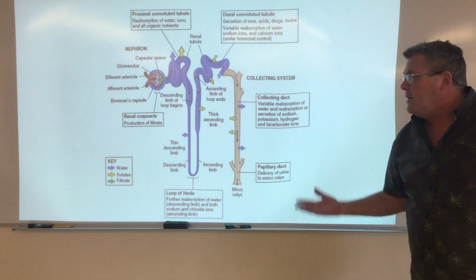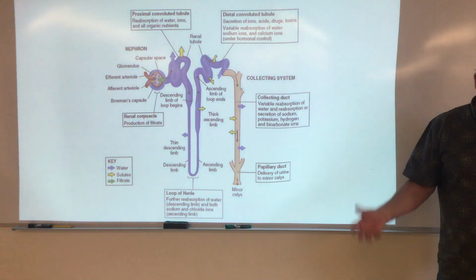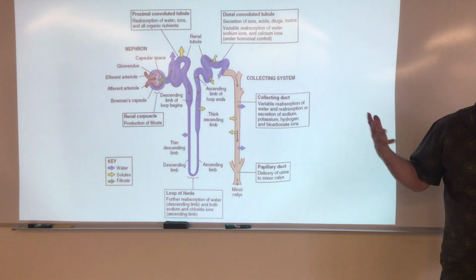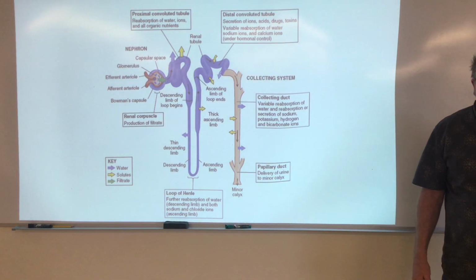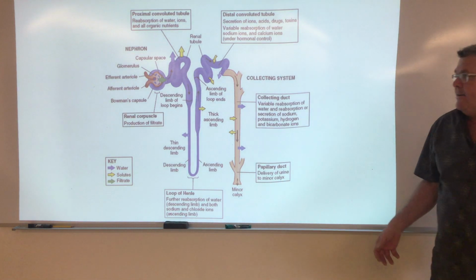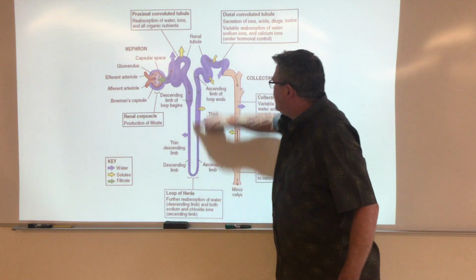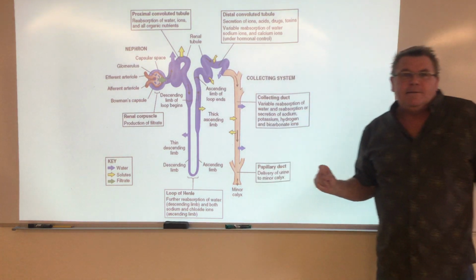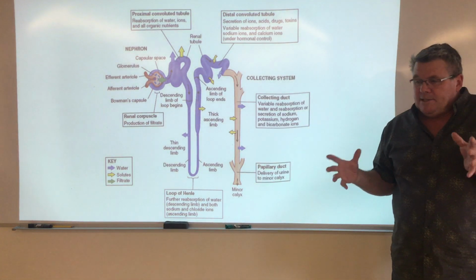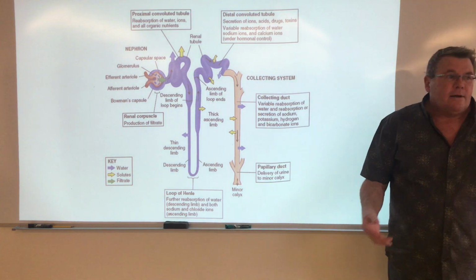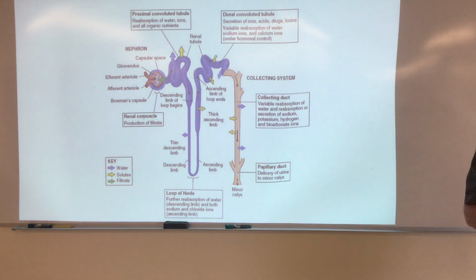I'm not going to hold you to it, but just understand that 180 liters, I don't have 180 liters of blood in me, of fluid all together. So what that means is the rest of the trip through here is going to be about reabsorbing, taking materials, water, ions, small molecules back into the circulatory system.